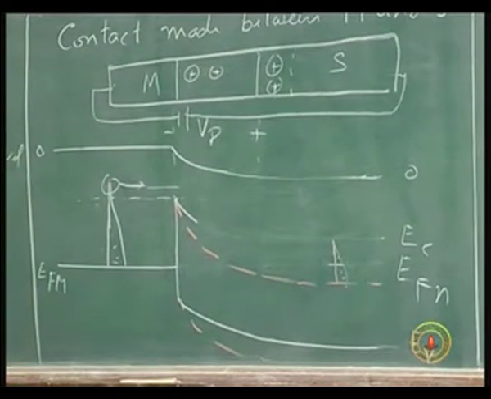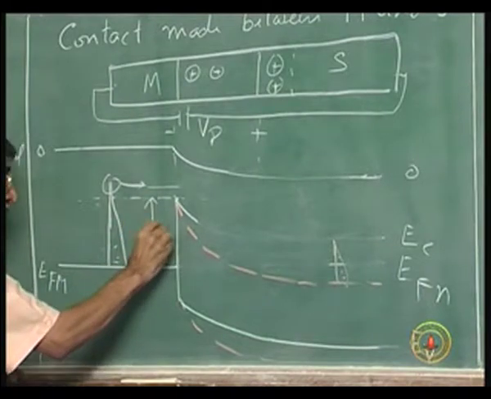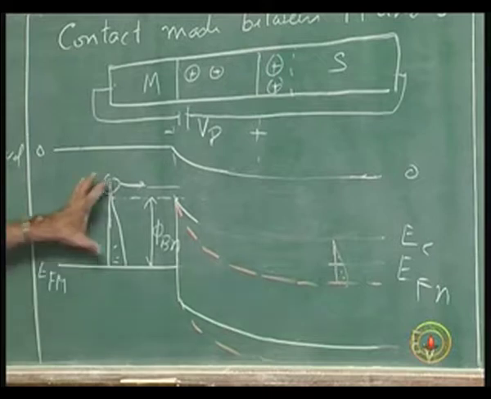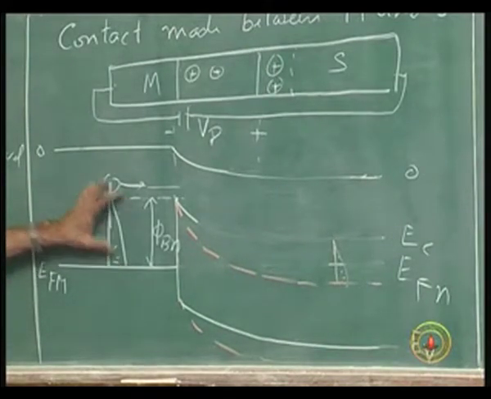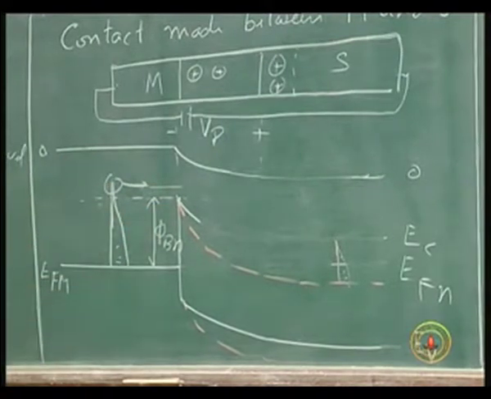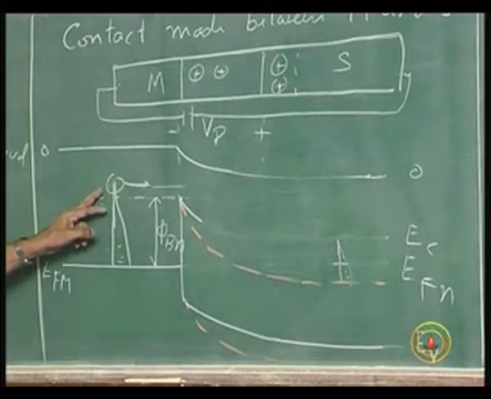But again, to point out what has happened: under reverse bias, thermal equilibrium or forward bias, this barrier is not changing. So the number of electrons which can cross from the metal to the semiconductor is never changing; the current due to that is I naught, and that is not changing.